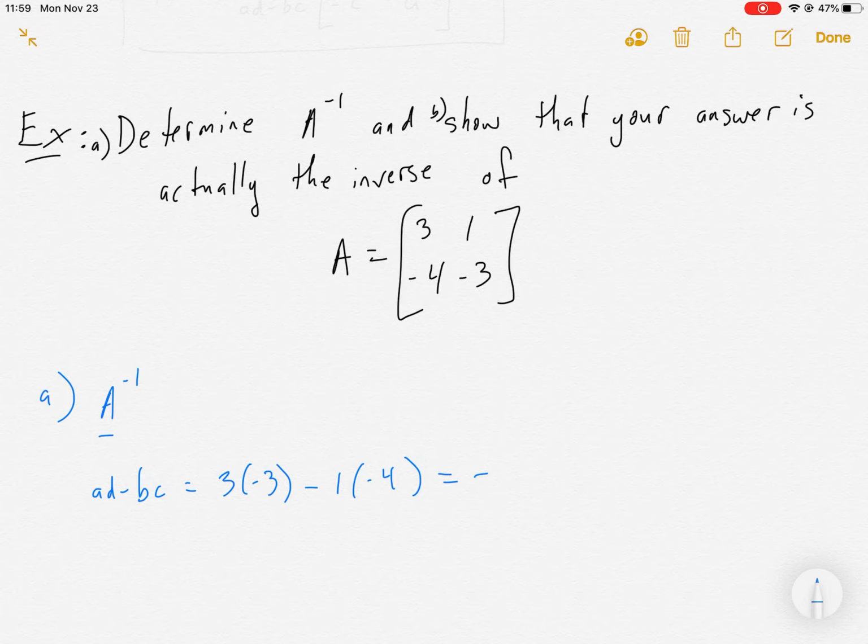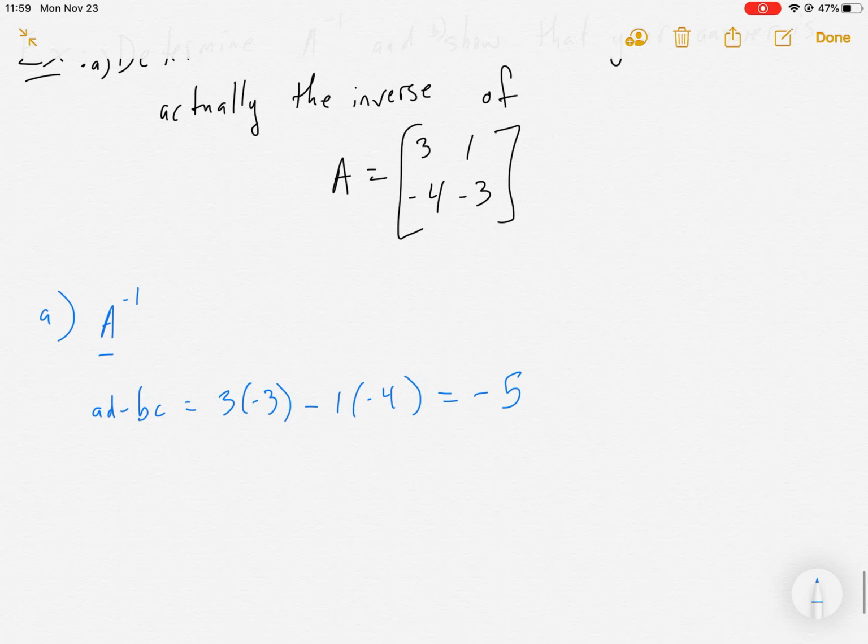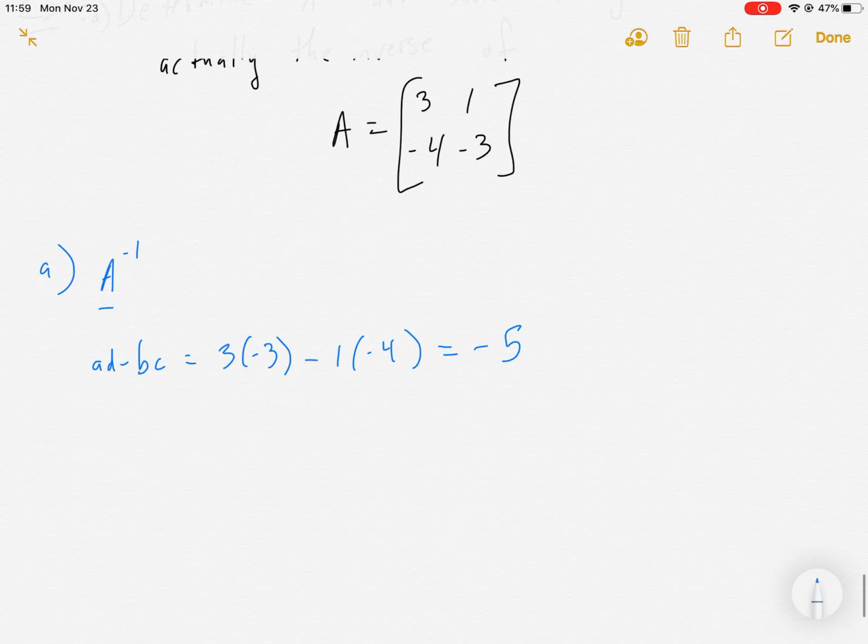So I get -9 plus 4, so I actually get -5. So now I know that A inverse is going to be 1 over -5. I'm going to flip D and A, so it'll be -3 and 3. I'm going to make 1 negative, and I'm going to make -4 negative. And so that would actually be the answer.